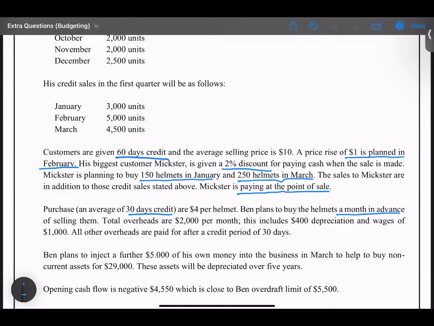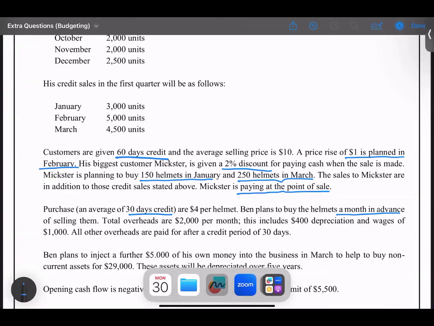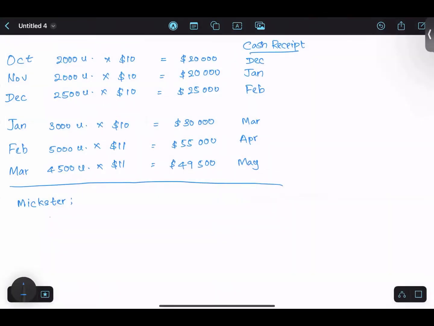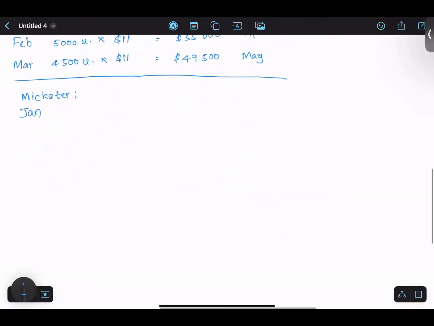Mixter is planning to buy 150 helmets in January and 250 helmets in March. So Mixter is purchasing 150 units in the month of January. In March, he is purchasing 250 units.